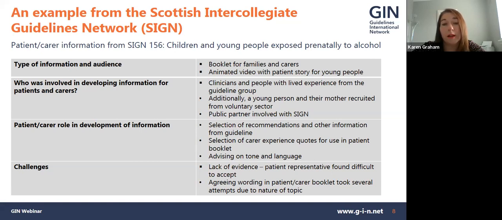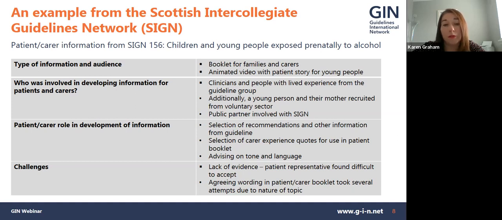So the challenges with this guideline: there was a lack of evidence. Like I say, our guideline was based on a Canadian guideline and we adapted that, and a lot of the recommendations were consensus. So that was quite challenging because a lot of the time the patients on the group didn't really agree with what we were doing.